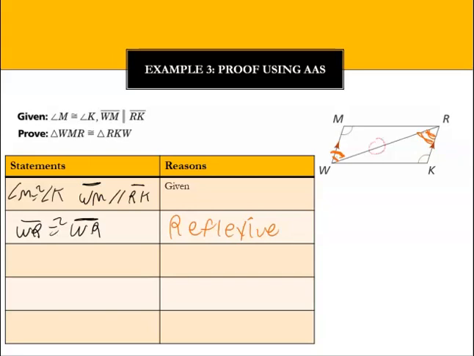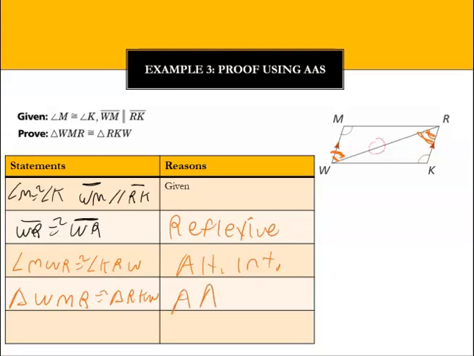And so we've got angle MWR is congruent to angle KRW, alternate interior, I'll give you that one. All right, and then I'll tell you that you're at the end. This is triangle WMR is congruent to triangle RKW. Go ahead and pick the reason there. And this one was an angle side.